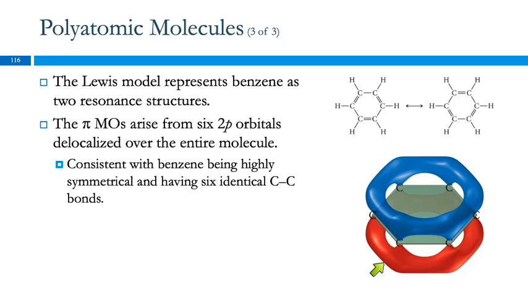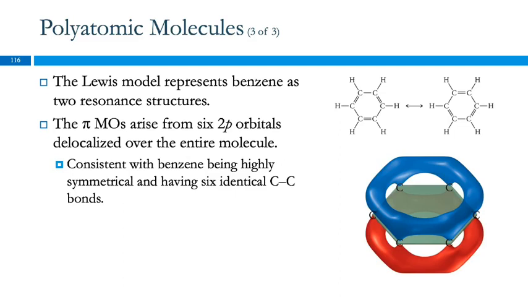The real structure is going to look more like this, where the second pair of electrons from these bonds is more like a pi bond, but over the entire molecule instead of localized between two atoms. And this is much, much more stable.